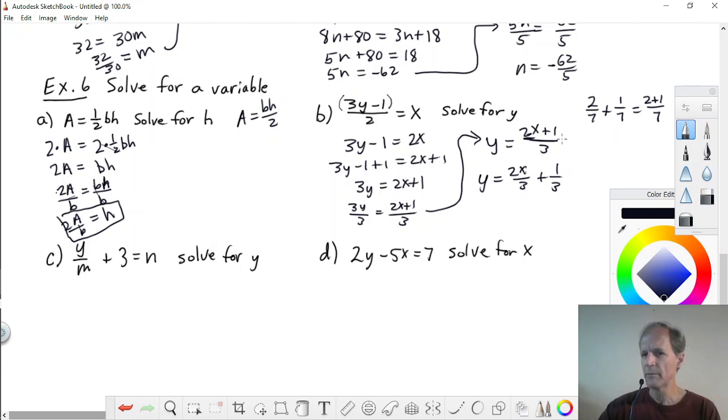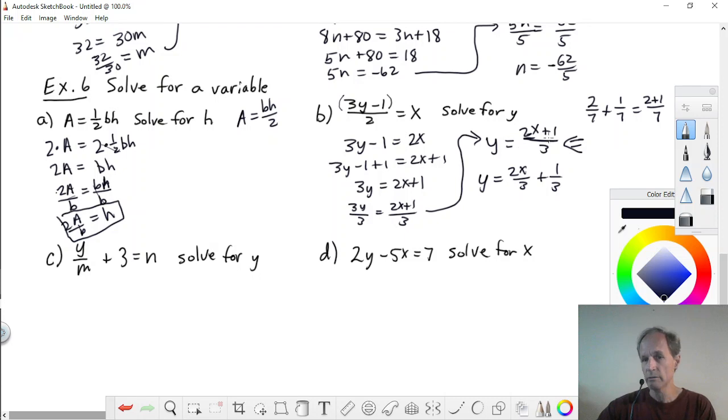Really, for this problem, there's nothing wrong with leaving it that way. You've solved for y. I don't see any problem with this. If you want to leave it like that, that's fine, because the problem just says solve for y. You did solve for y right here, right?